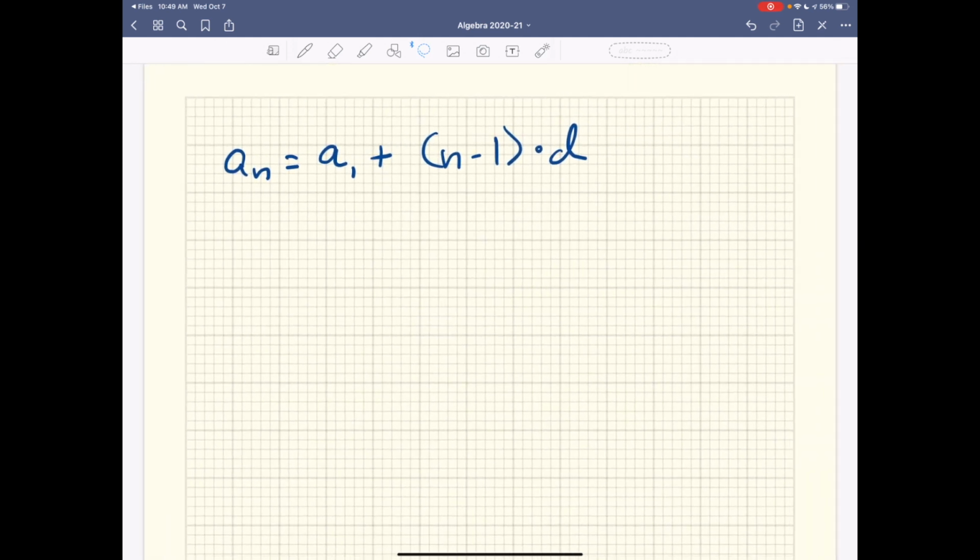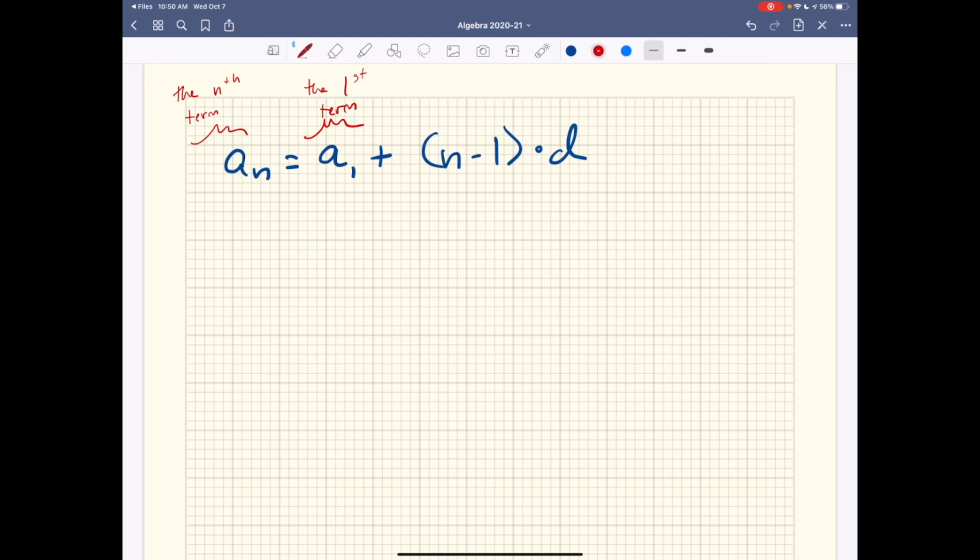Okay, so again, what this means, and your notebook should be open if you need to take this as notes. That's a good idea. A sub n, we've already said several times, just means the nth term of the sequence. A sub 1 just means the first term of the sequence. Let's actually put that in symbols.